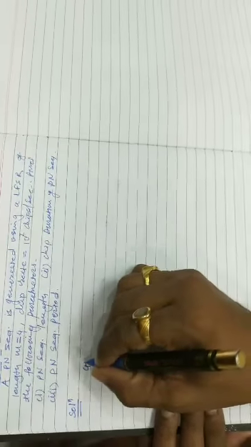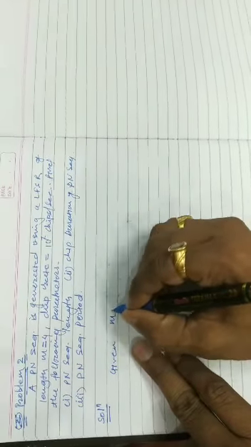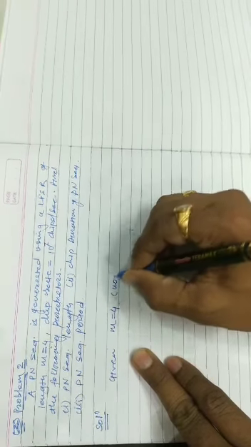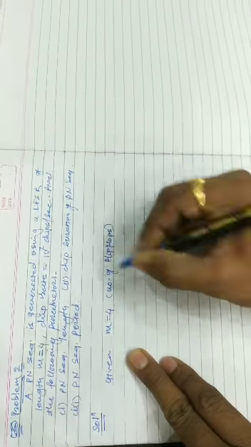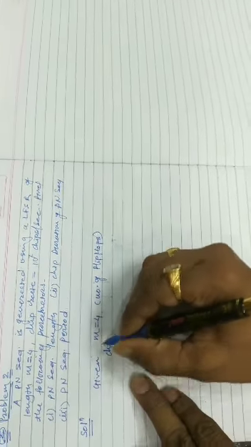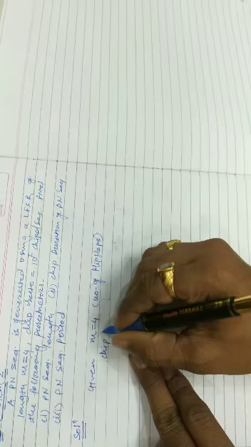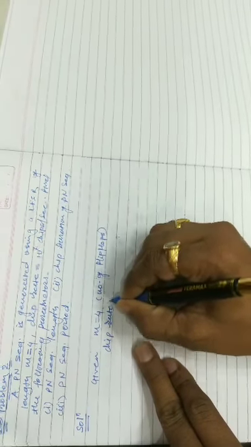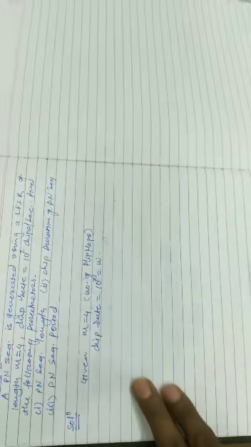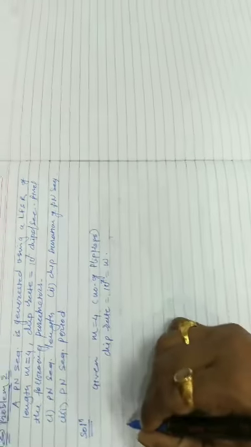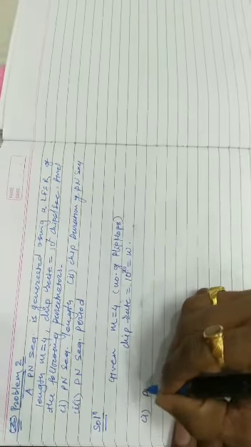What is given? Given is m, that is equal to 4, that is the number of flip-flops, and the chip rate is given to us. It is given as 10 to the power 7. We can denote it by W. So the first part, we need to find out the PN sequence length.